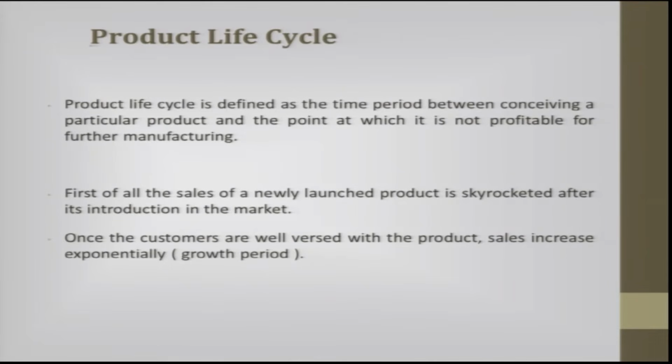Next is product life cycle. It is the time period between conceiving a particular product and the point at which it is not profitable for further manufacturing. I start producing a product today, and how long will the product be in the market?